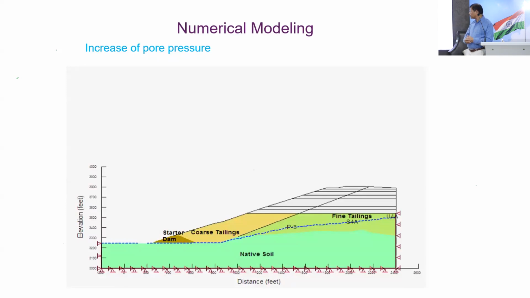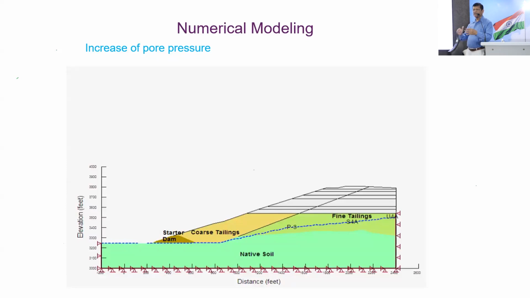I will show you one example. Say this is the current existing dam, and the empty space you are seeing there, we are building it. In time, we are going up, up, up. So this is the initial pore pressure or water table.